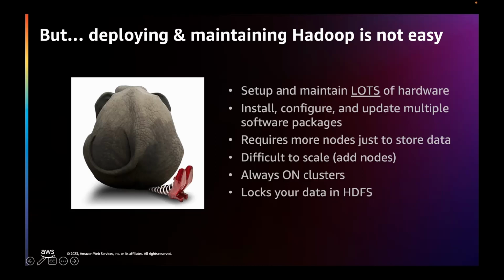Scaling Hadoop can also take time. The way Hadoop works is, each node has compute and storage. So if your data grows, you cannot simply add more disk. You have to add complete nodes. This means you have to redistribute the data, and this process can really slow you down. And one other thing is that you kind of lock your data into HDFS.